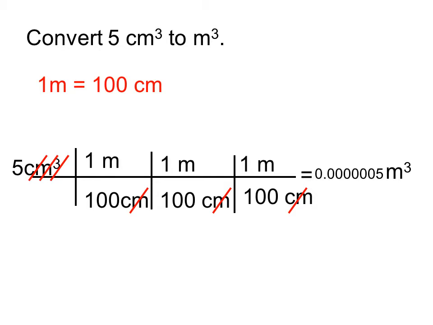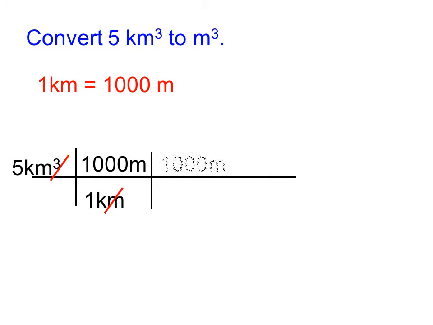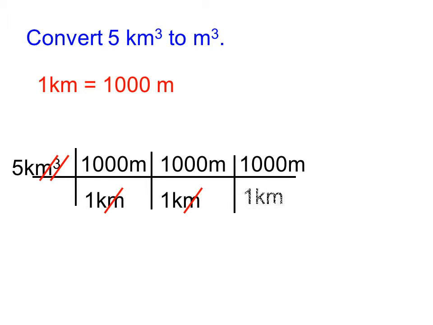Notice the only units that are left are meter times meters, which is cubic meters. So, I mean, you're all good there. Okay. Here's kind of a funky one. I'll take you through it. Well, I guess it's not funky. It's pretty easy. You just have to do it 3 times is all because your unit is cubed.